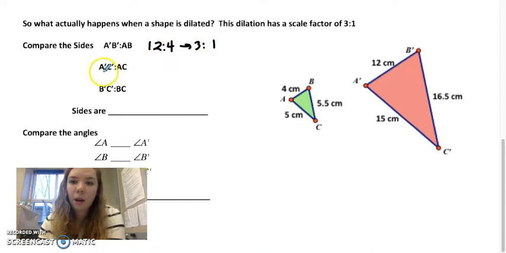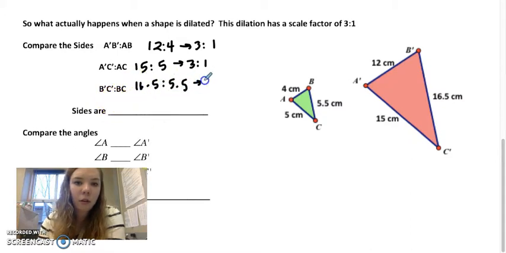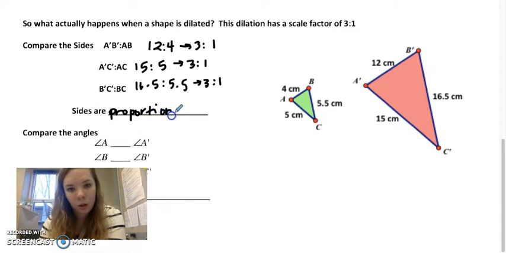A prime, C prime is 15 to 5, which is 3 to 1. And B prime, C prime is 16.5 to 5.5, which is also 3 to 1. Okay, all your sides are proportional. They're all a variation of 3 to 1.